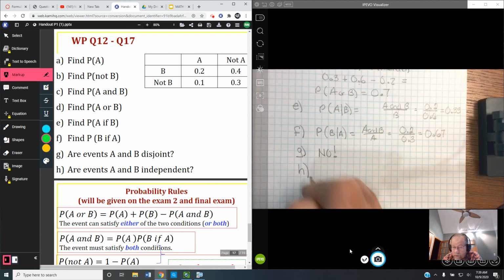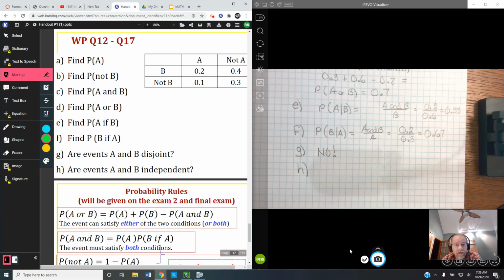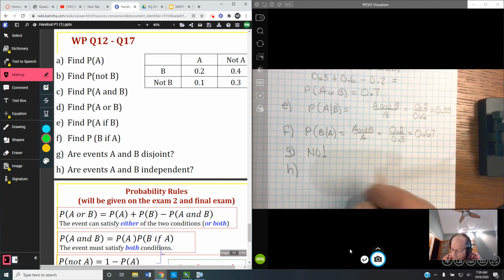Now, letter H is going to require a little bit of math. Are A and B independent of each other? Well, if A and B are independent, A has no influence upon B. So in order to test, here's what we test.